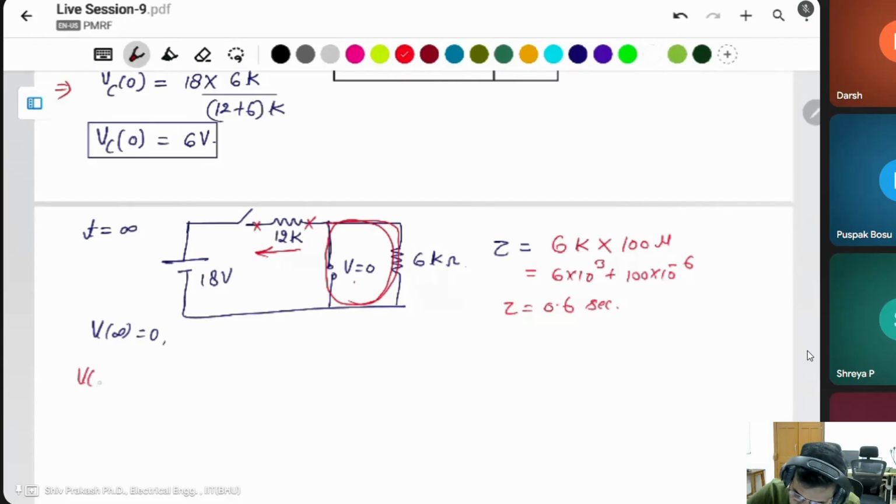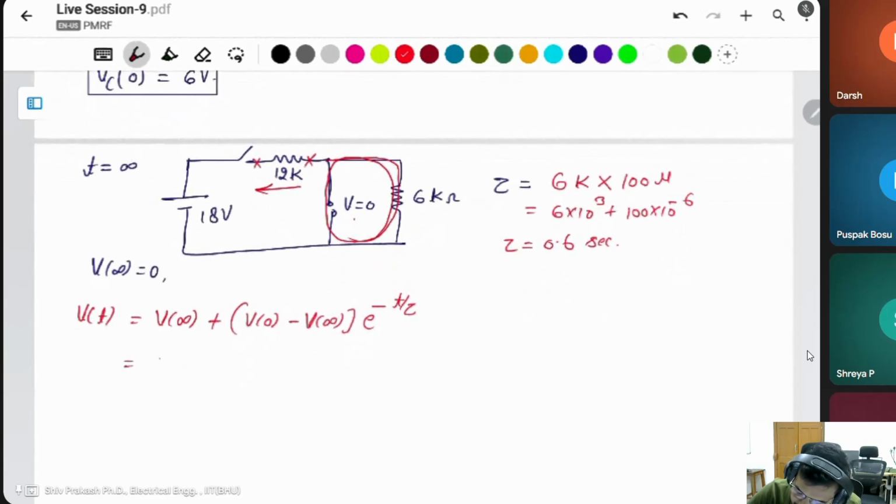What is the V(t)? You know V(t) is V infinity plus V0 minus V infinity into e to power of minus t by tau. V infinity is 0, initial is 6 minus 0, e to power of minus t divided by 0.6.